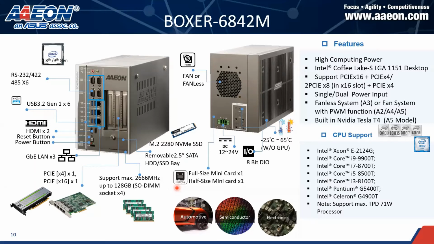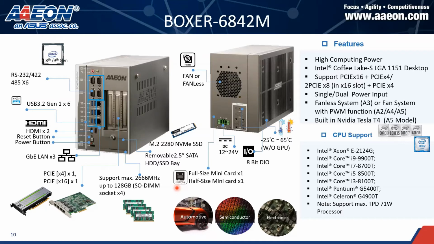I will tell you the difference in the slides later on. This is what we call the expansion Boxer. When the customer comes to us, they want a sophisticated or more complicated Boxer. They need lots of expansions. They need a graphic card. The first product that comes to our mind would be this Boxer 6842N.